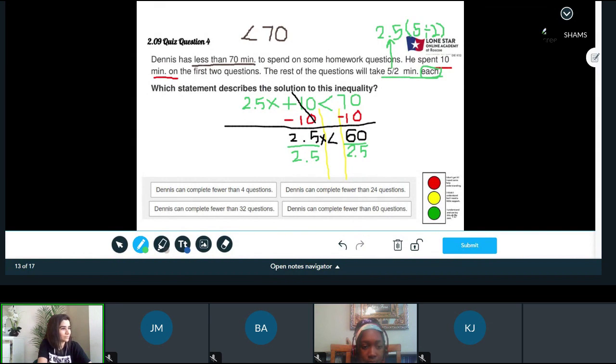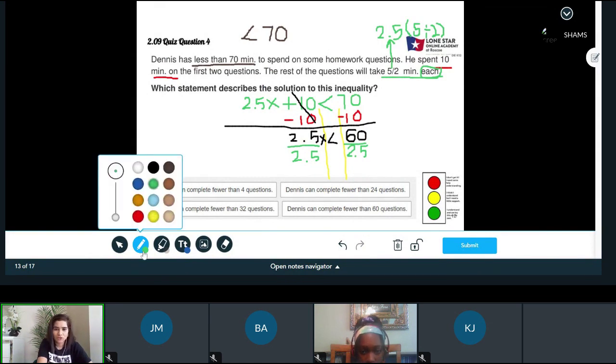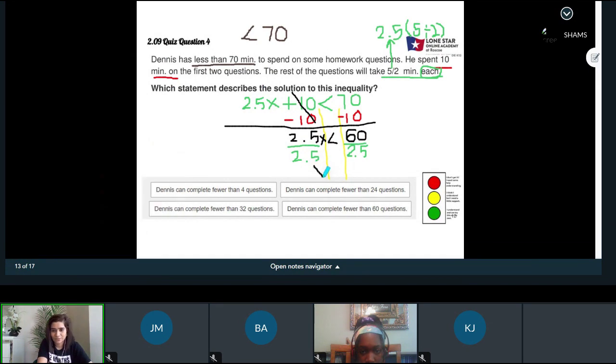Very good, Bella. Excellent. So y'all end up getting the correct answer. 2.5x divided by 2.5 is x, or 1x, which has to be less than 24. And that answer is over here: fewer than 24 questions. Let's mark it correct.